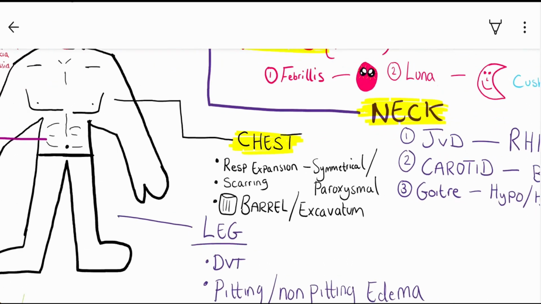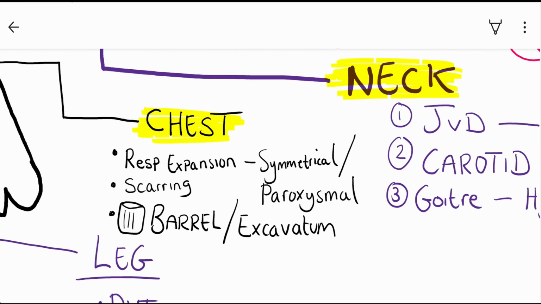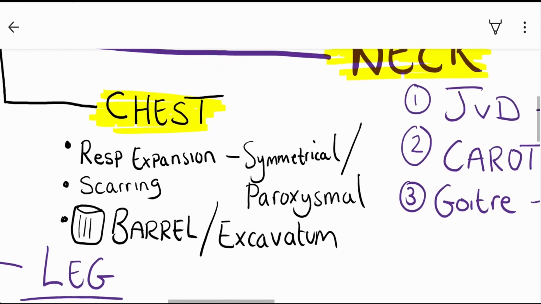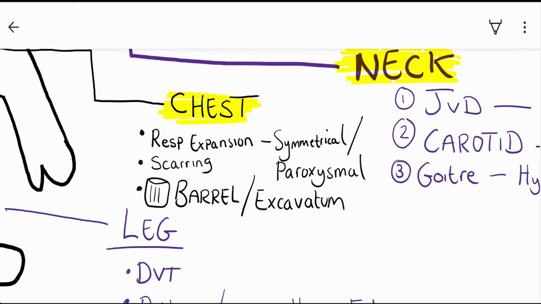Moving down to the chest, of course, you look for scarring with any part of the body. Respiratory expansion, all right? Is it symmetrical? Okay. Is it paroxysmal? Maybe there is a flail rib pathology, or maybe there's just some respiratory disease that's going on that's inhibiting this symmetrical bilateral expansion.